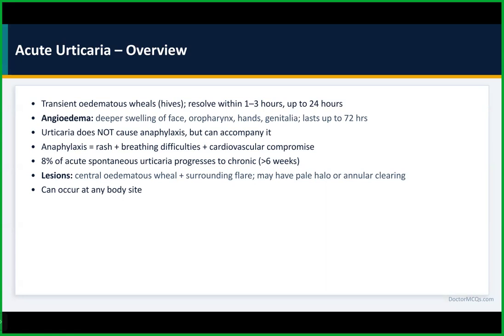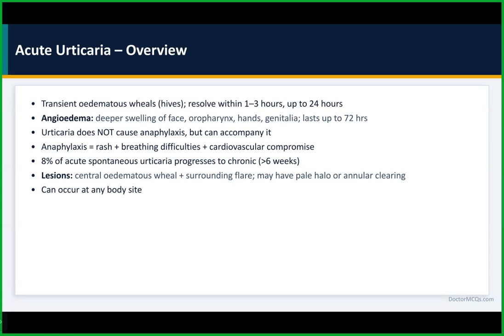Sometimes, if the patient has the same rash for more than 6 weeks, then we classify it as chronic urticaria. Very few of them, like 8%, will go beyond 6 weeks.